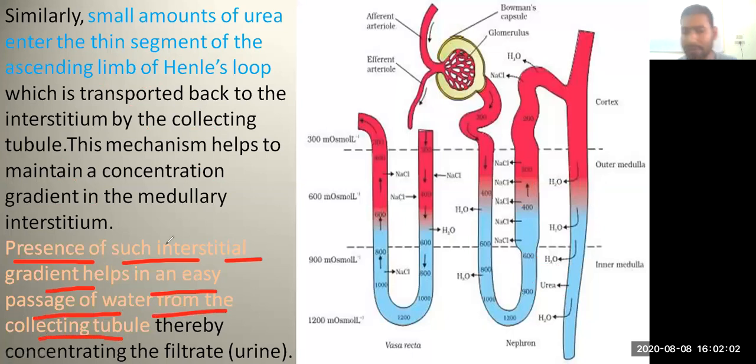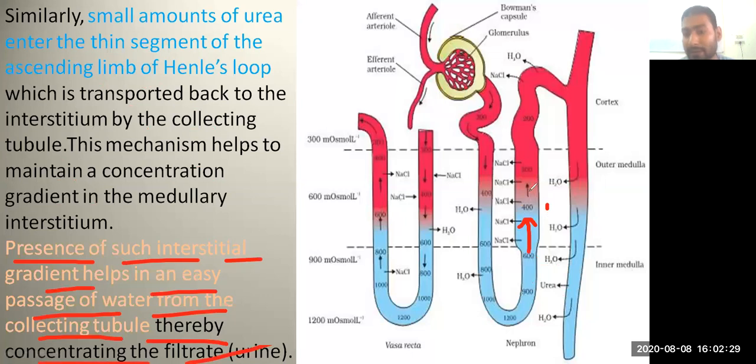It is saying the presence of such an interstitial gradient means, in case of the ascending limb of the loop of Henle and the collecting duct, there is the formation of interstitial gradients and it helps in easy passage of water. That's why water can be easily passed from the ascending limb of the loop of Henle into the collecting duct, from the collecting tubules, and thereby concentrating the filtrate.